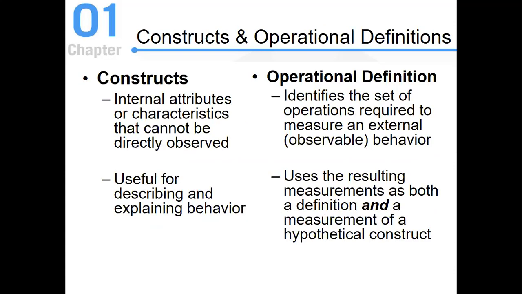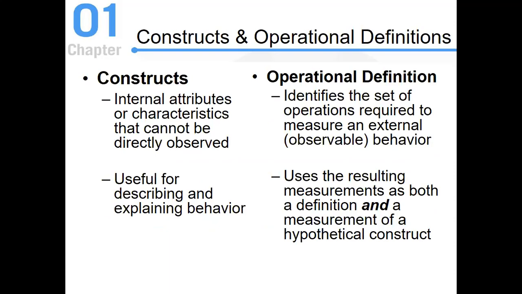A very, very key distinction in this course is one between constructs and operational definitions. Constructs are internal attributes or characteristics of an organism that cannot be directly observed. Things like mood, stress, personality, intelligence.